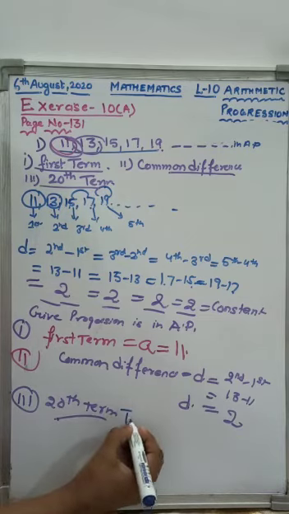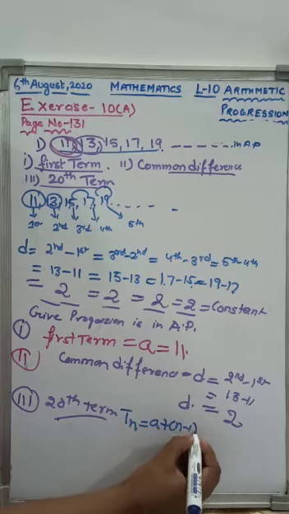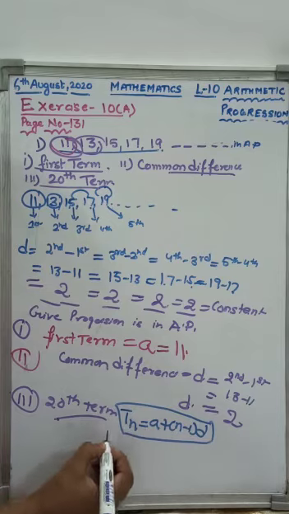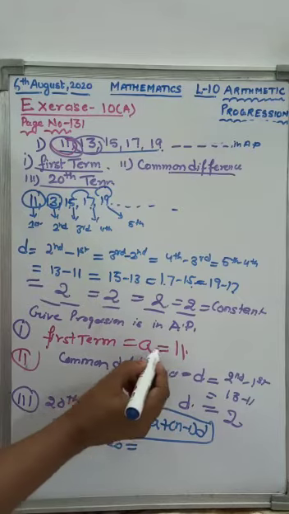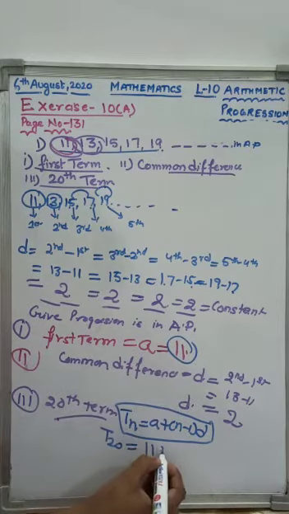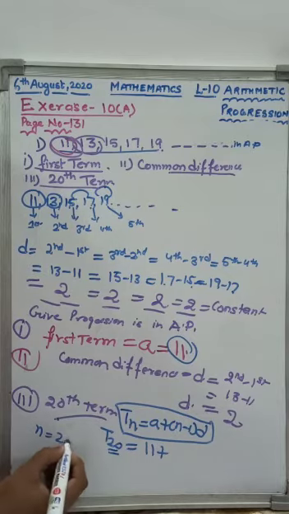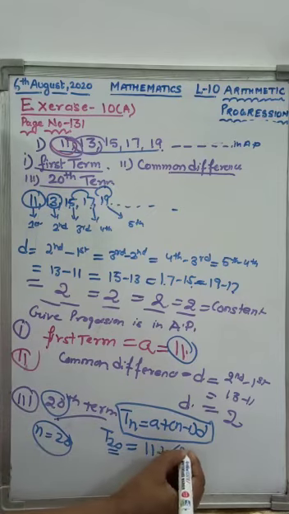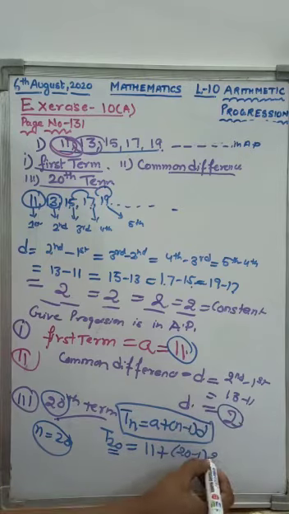Formula is general term Tn equals A plus n minus 1 into D. Tn का यहाँ पे मतलब हुआ T20 निकालना है, 20वां टर्म निकालना है, equals to A कितना है 11 plus n is this term. Which term we have to take? 20. So n will be 20. So 20 minus 1. D common difference is 2.